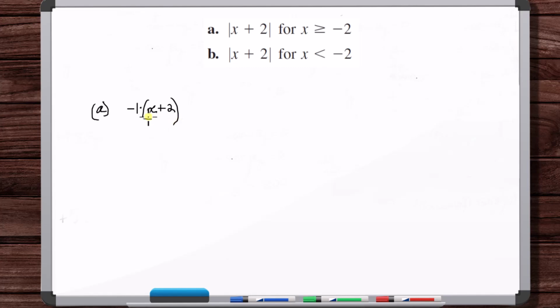Well, we get minus 1 times 0. When x is equal to minus 2, the absolute value of x plus 2 is 0. Do we get 0 here? Minus 2 plus 2, minus 1 times 0. Yeah, we do. So if x is greater than or equal to minus 2, the absolute value of x plus 2 simplifies to minus x minus 2.